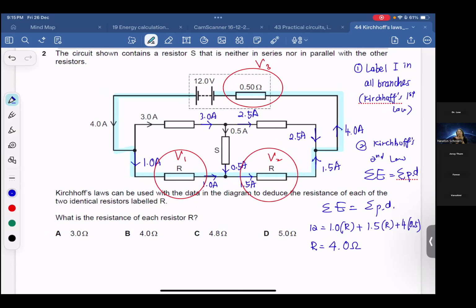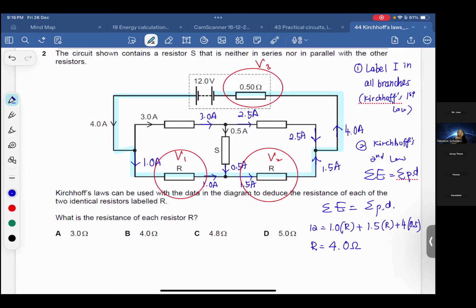Must label and do it correctly, because the current will be used to calculate the potential difference for Kirchhoff's second law. Then you need to choose the path you want to use. Because this is a series and parallel circuit, you have to find the suitable loop. I choose the blue loop because there is only one unknown, which is R.